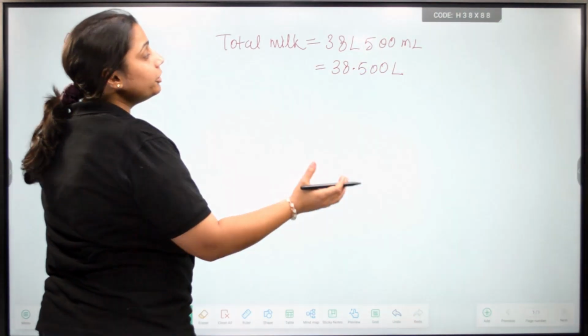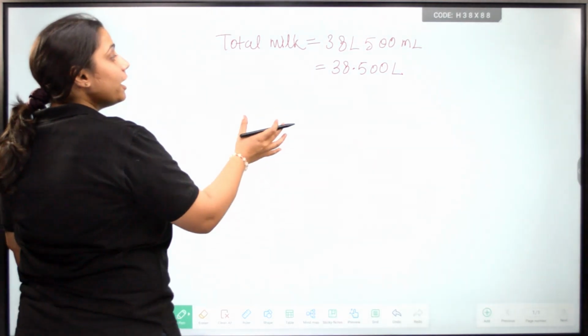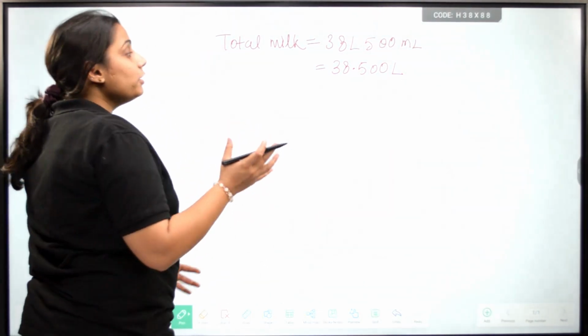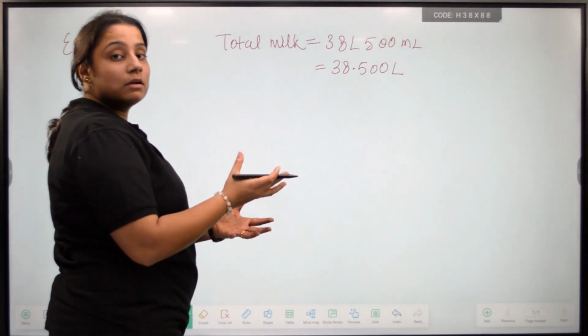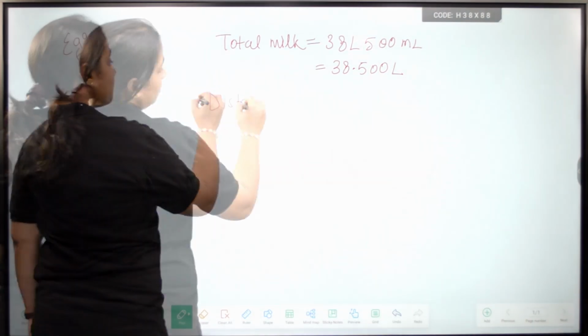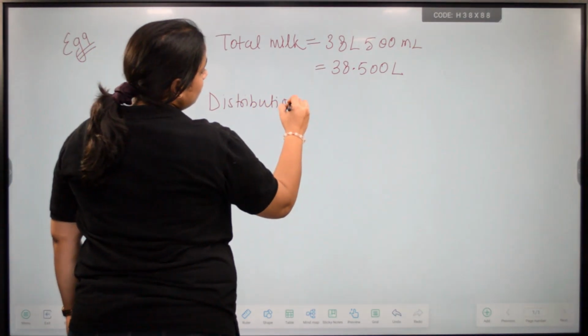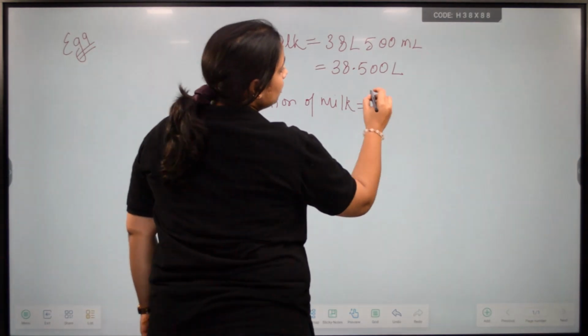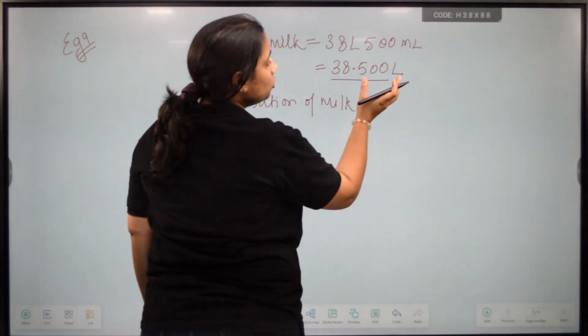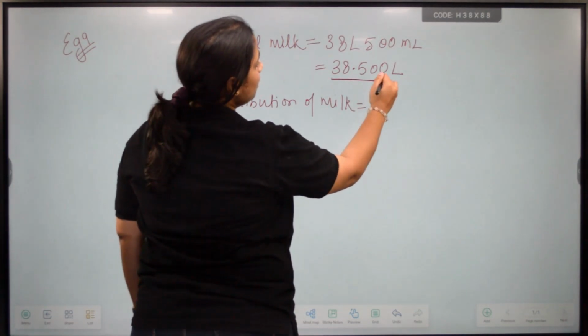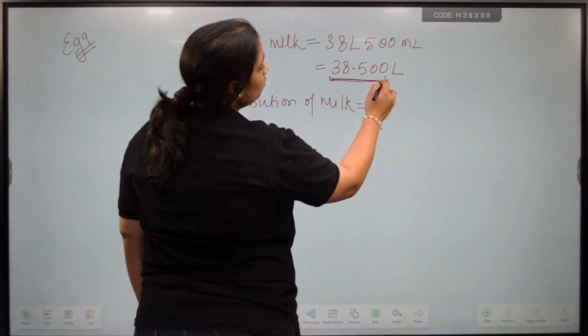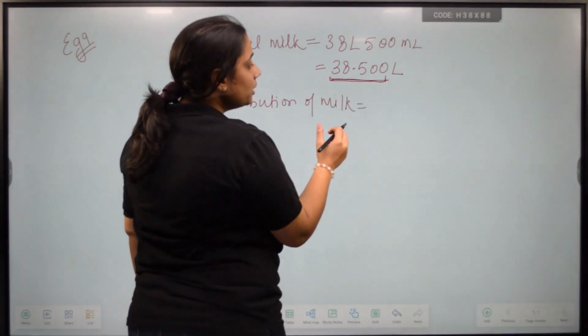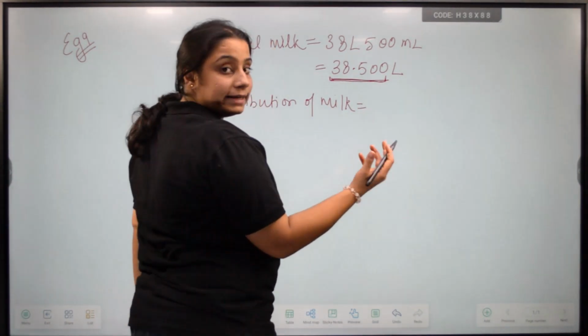It is being distributed to 5 people. Now we have to find how much milk each person will get. For this, distribution of milk will be equal to dividing the total amount of milk by the number of people, that is 5.